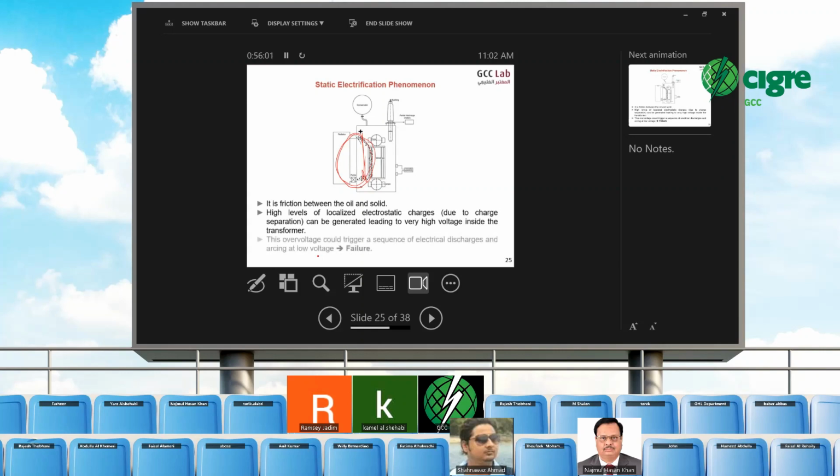And this overvoltage could trigger a sequence of electrical discharge and arcing at low voltage. It can be a failure, trip, or something like this. So we also need to take care about this one. There's an electrostatic test for the oil to see if your oil has the capability to do this, because this also depends on the quality of your oil.